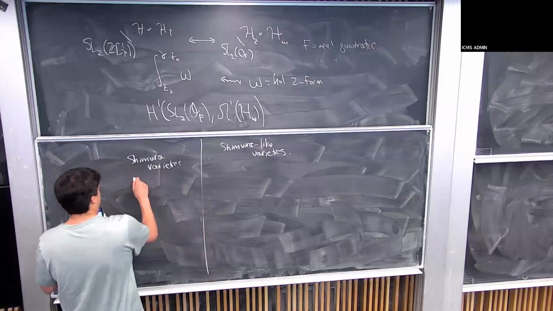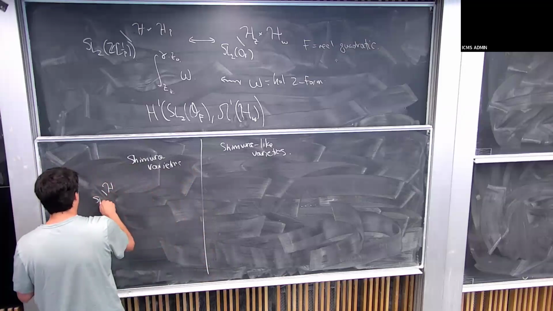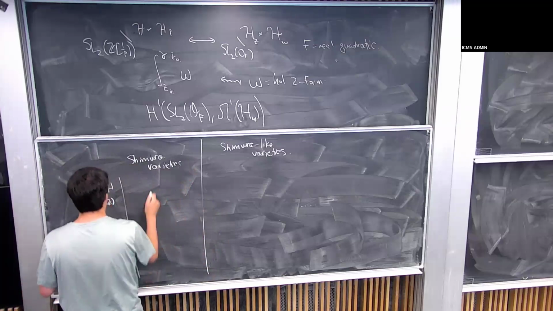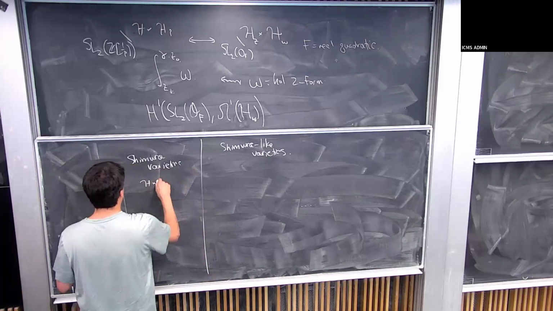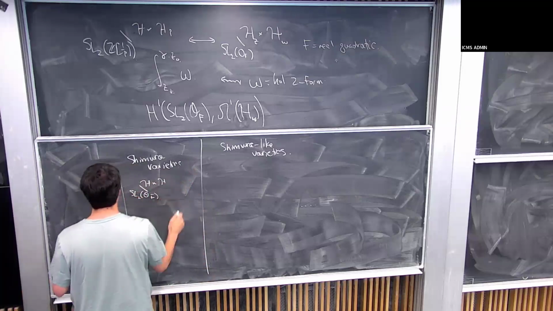Some examples of Shimura varieties: our first example was the upper half plane modulo SL2Z. The second example we mentioned was this Hilbert modular surface.